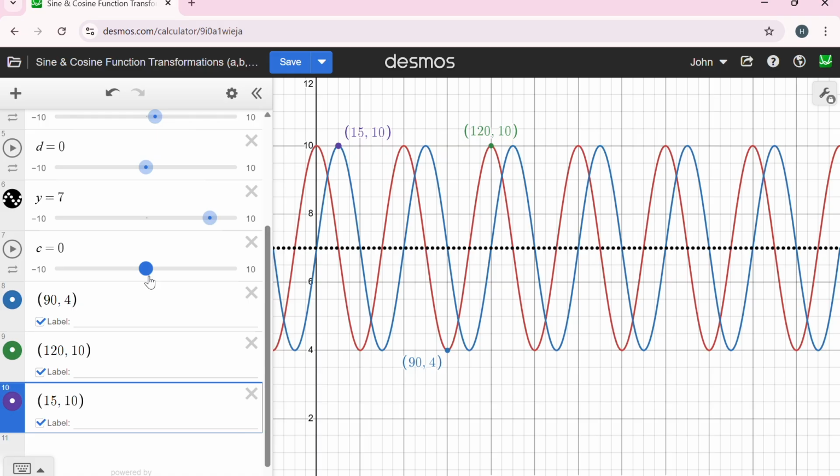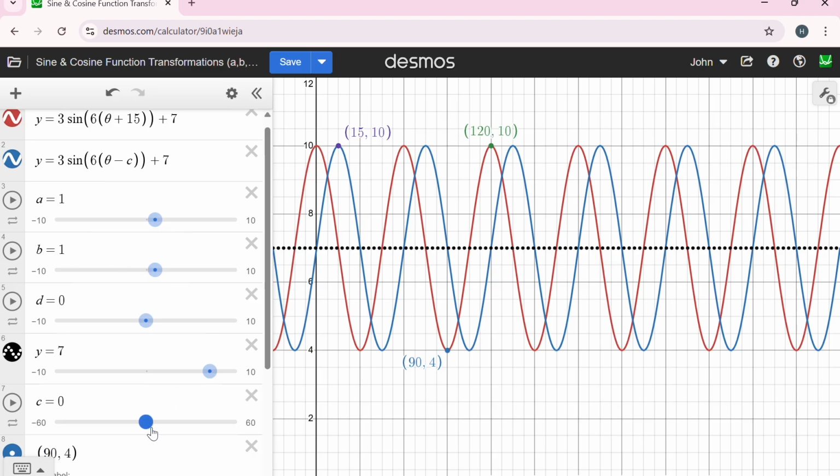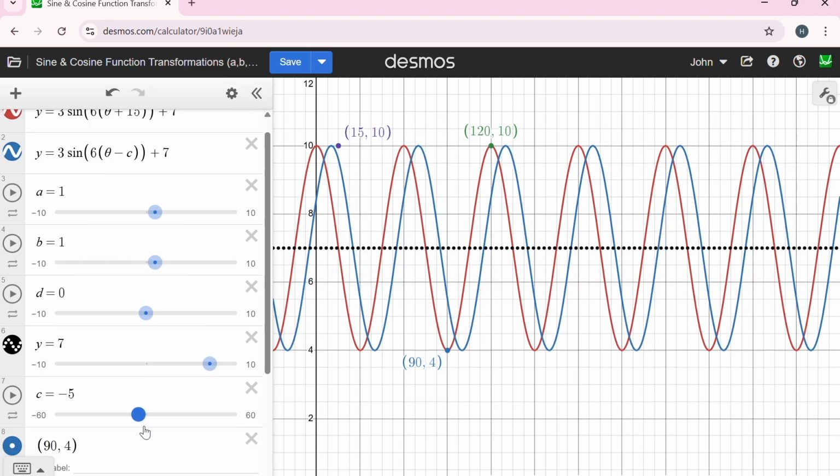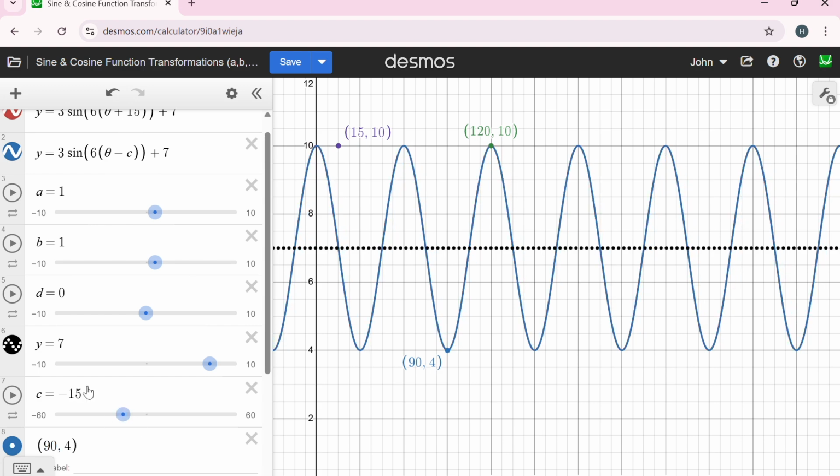So if I go to the left by 15 degrees, let me use my slider to show that. Okay, so I go to the left by 15 degrees. Well, what happens? Going left, left, left, left, left. The slider is exactly at 15. And I've gone from 15, 10 to 0, 10, which is my match.